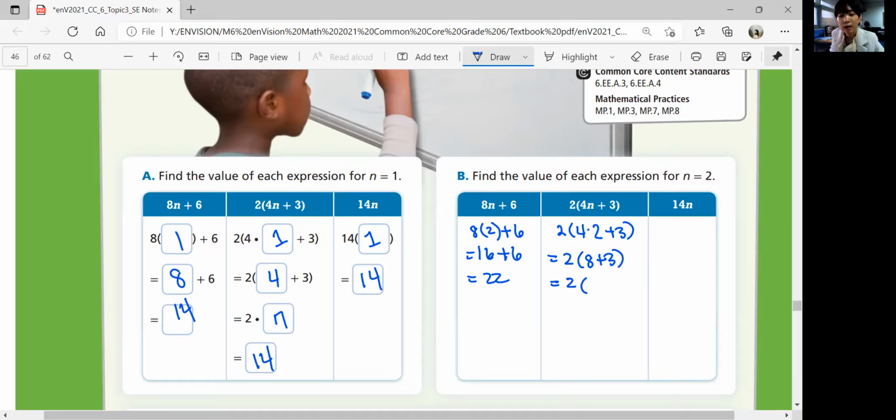And 2 times 11 should be just 22. Okay, so far we have the same answer as well. And the last one, 14 times 2. What's 14 times 2? 28. Now we have a different answer.